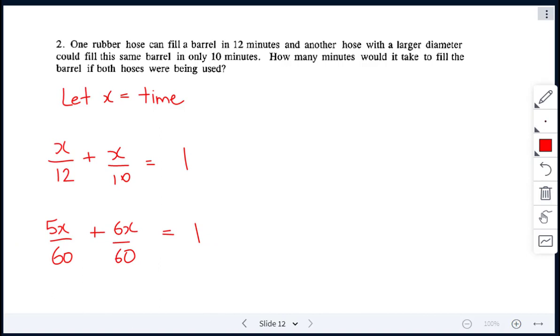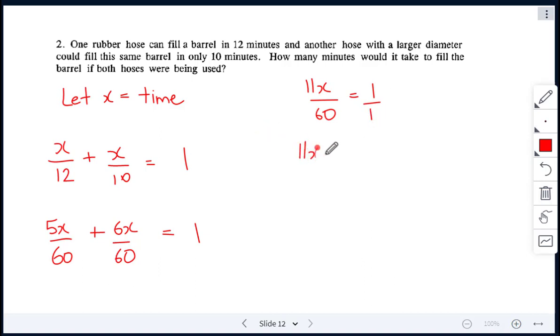Just continuing here. From here, we can now add our fractions. So we end up with 11x over 60 is equal to 1. From here, 60 times 1 and 11x times 1, just using cross multiplication.